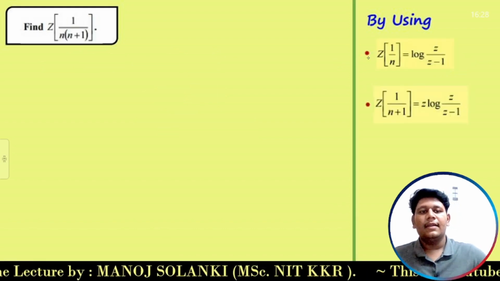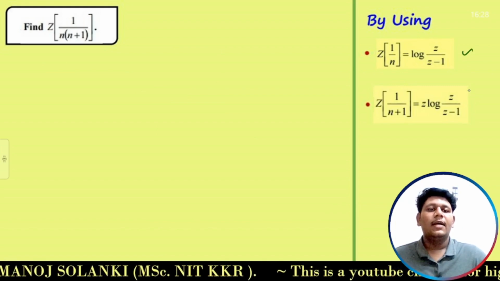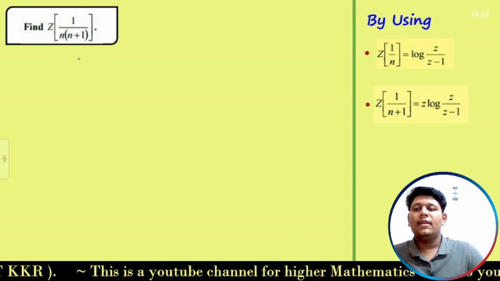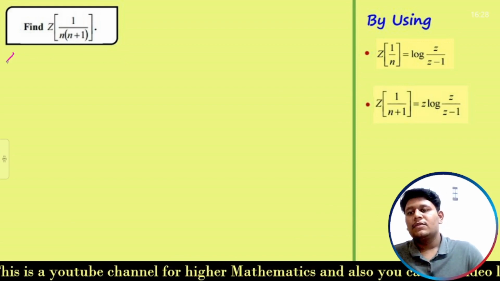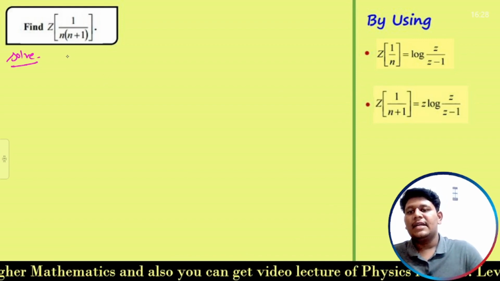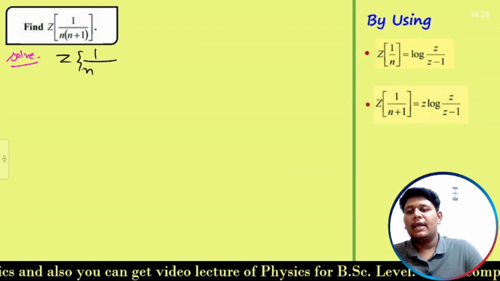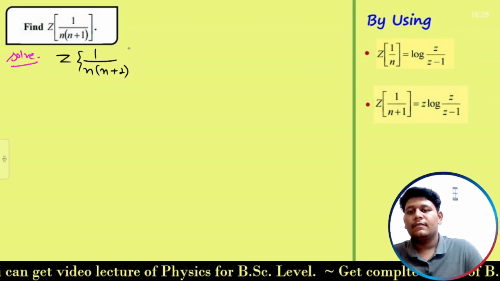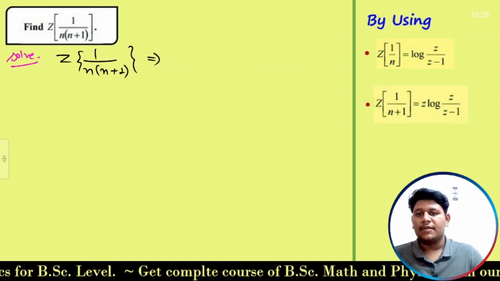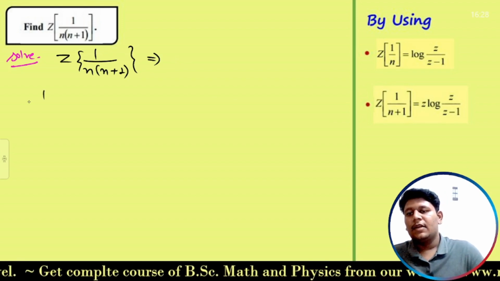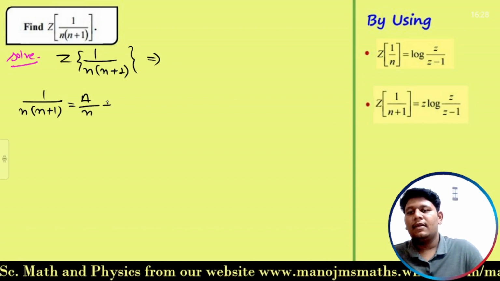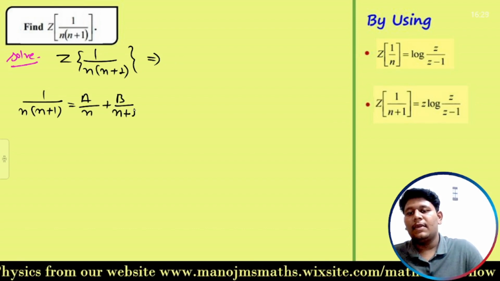Now, solving this: the Z transform of 1 upon n into n plus 1. First of all, we have to do partial fractions like this: 1 upon n into n plus 1 is equal to a upon n plus b upon n plus 1.